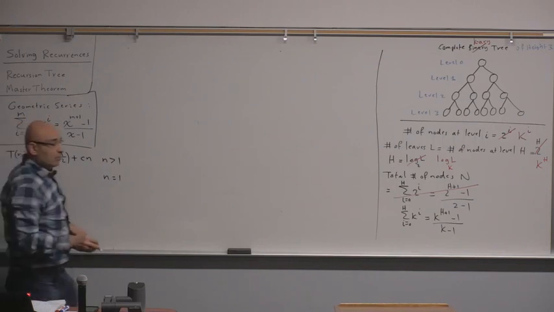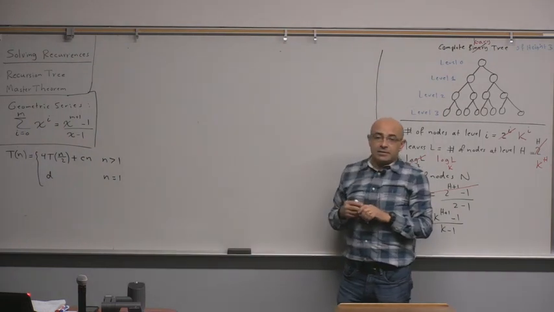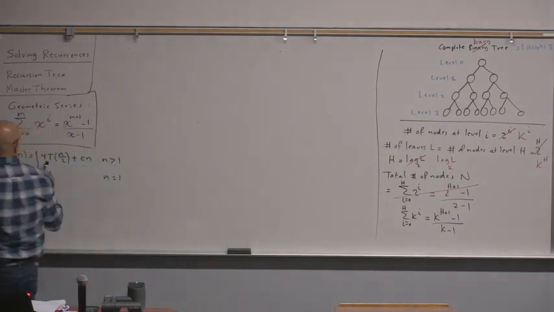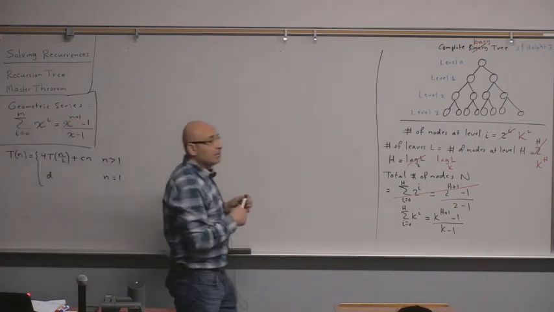Now, when you see this for the first time, you may think that this doesn't make sense. This is 4 and this is 2. Well, generally speaking, what does this 4 represent? This is a recurrence that describes a divide and conquer algorithm.